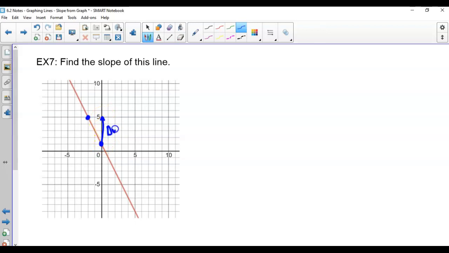So my change in y is 4. And then I'd have to go to the left 2. So my change in x is 2. So change in y over change in x is going to be 4 over 2. And 4 divided by 2 is going to give us 2 here.